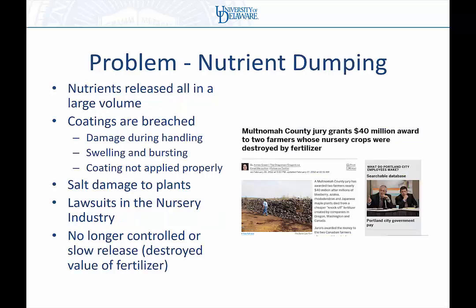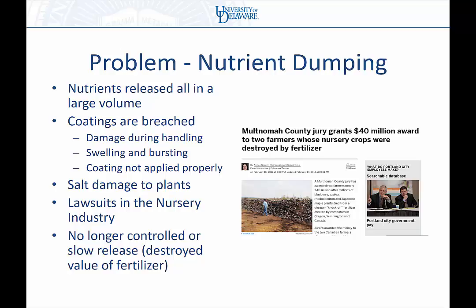Because we've certainly seen nutrient dumping. This is where something happens to that coating that breaks the integrity of the coat, whether it's damaged, whether it's swelling and bursting, or whether the coating was just not laid down properly. And then all the nutrients are released at once. This has caused massive crop losses, particularly in the nursery industry.